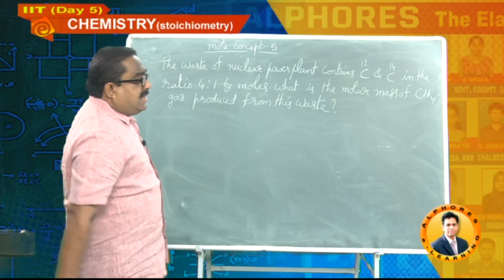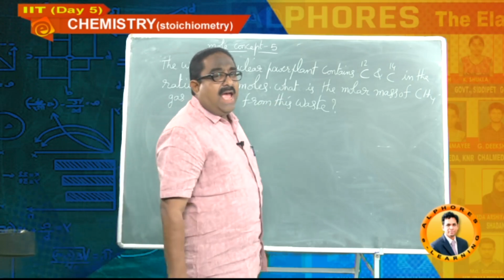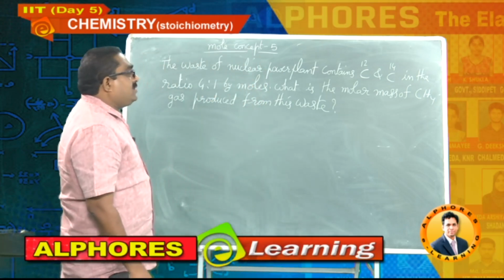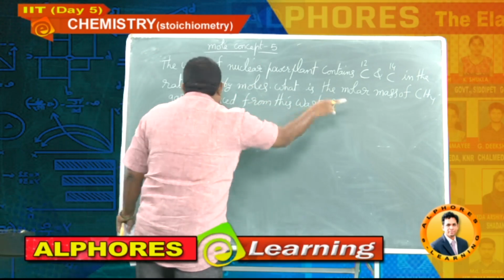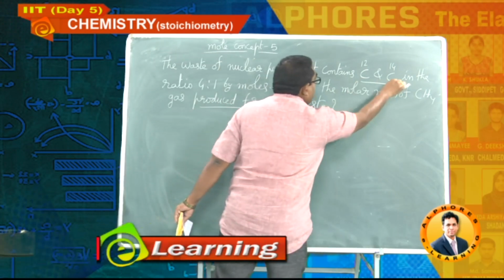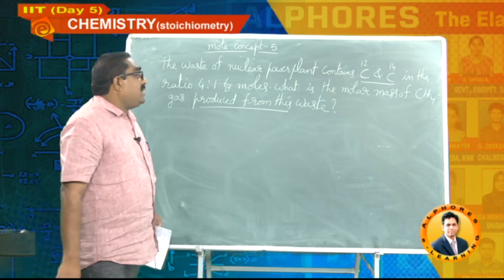From that nuclear waste, they are making methane gas. And finally, it is asking you to calculate the molar mass of methane gas produced from this waste, means from this mixture of these two carbons in 4:1 molar ratio.